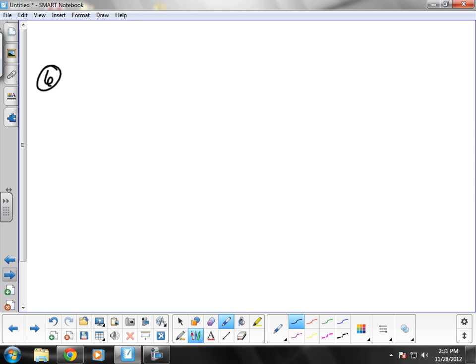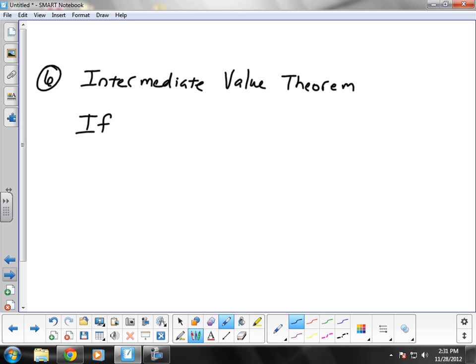So the 6th thing that we've taught here is the intermediate value theorem. This is not a hard idea. It says that if f of a, now what does f of a stand for? The y value, right?